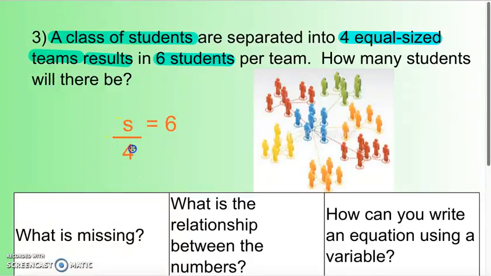And so I have some number of students divided into 4 equal groups. Every group is 6. And I have a number on both sides. I have a variable on one side and an operation on the other side. So I know that I have created an equation.